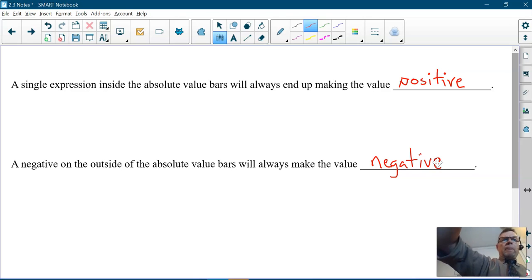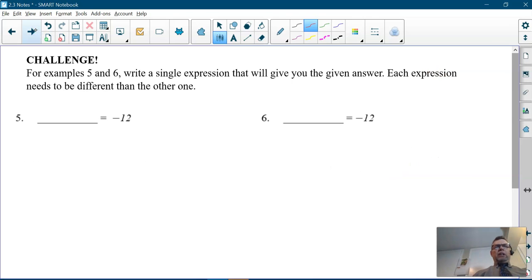All right, very good. Let's kick it up a notch and take a look at a little challenge. In this challenge, I'm wanting to see if you can write 2 separate absolute value expressions that will give you an answer of negative 12.